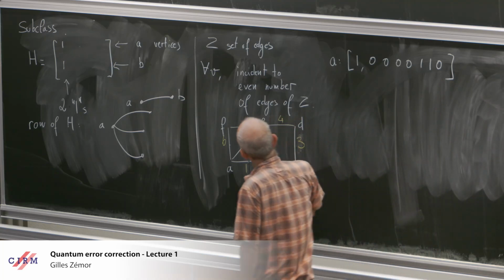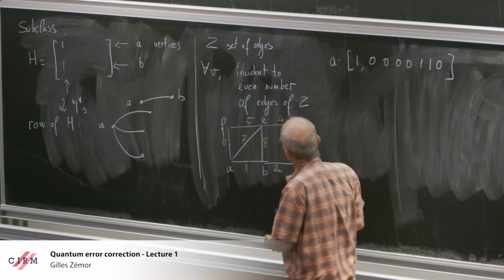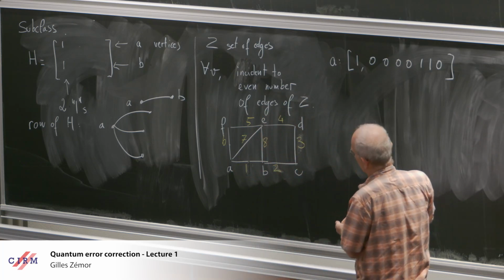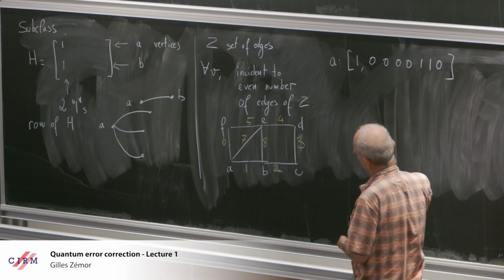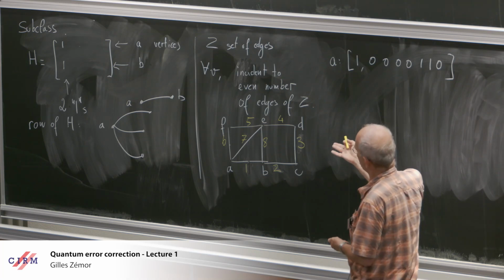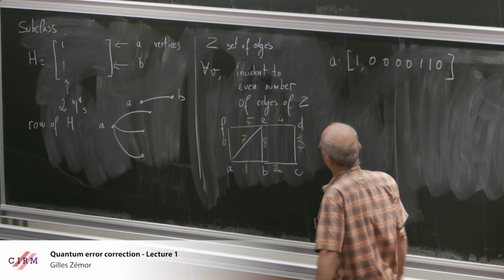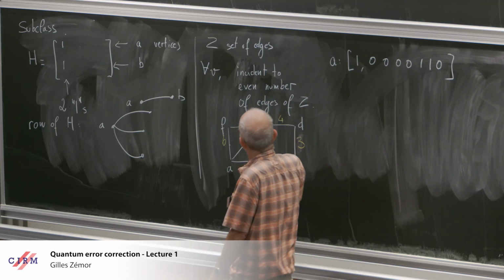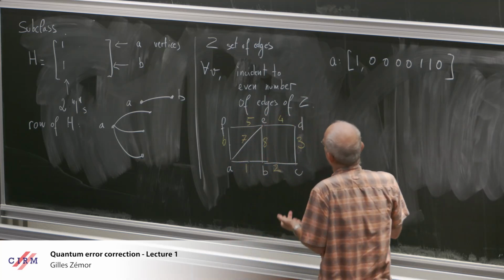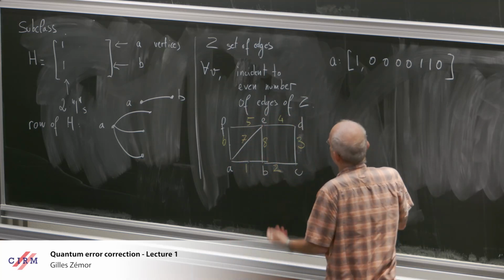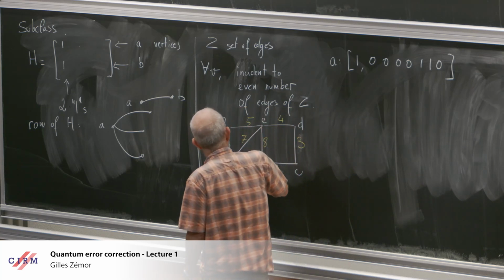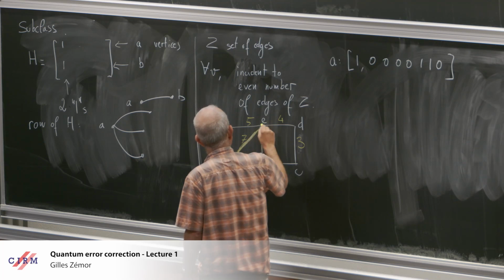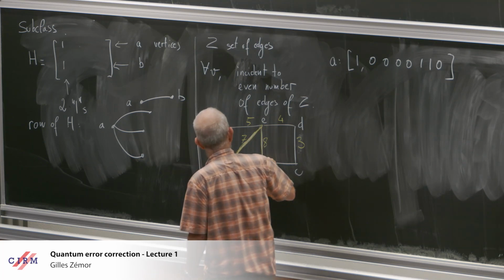And you see what is a vector which belongs to the code. What is a code word? It's a set of edges that meets every vertex in an even number of positions. Here there's no choice. It's going to be either 0 or 2 positions. And this means that code words are really cycles in your graph.